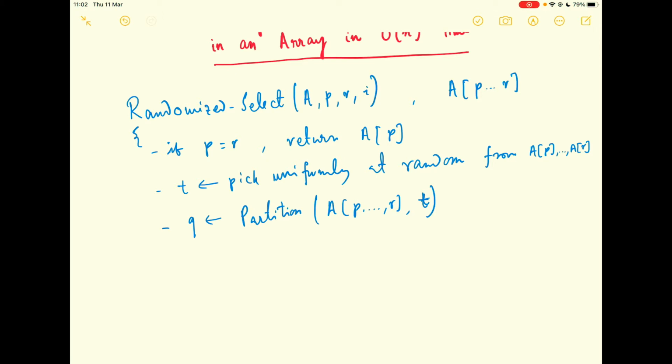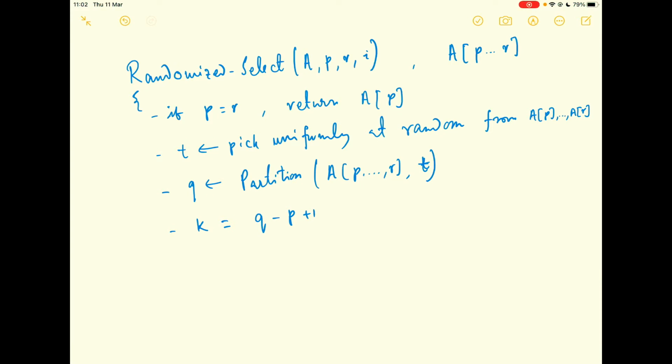Okay, and let's see how many elements are there to the left of Q, which is Q minus P plus 1. So this is the number of elements.